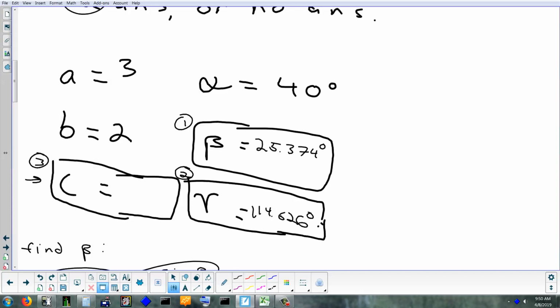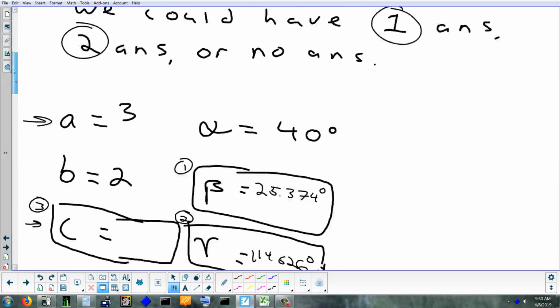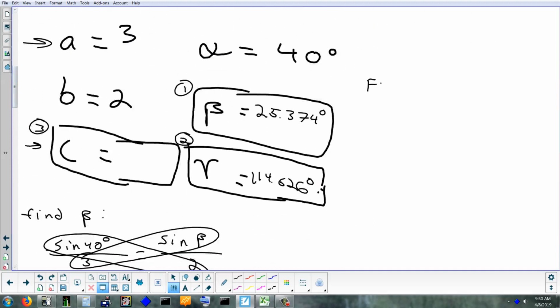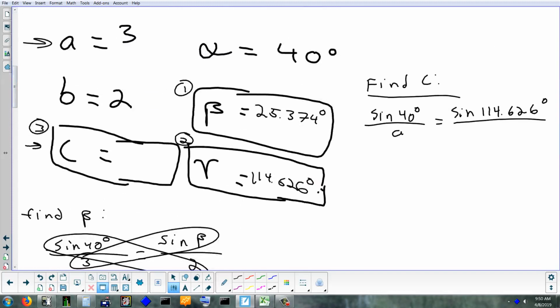All right. So to find C, pick a row that has everything in it. I would go with the top row. So sine 40 over A. You know what? Let's put it over here. Find C. Sine 40 over A equals, and you have to use that 114.626 over C. And if you say, well, it's rounded, is that going to be bad?